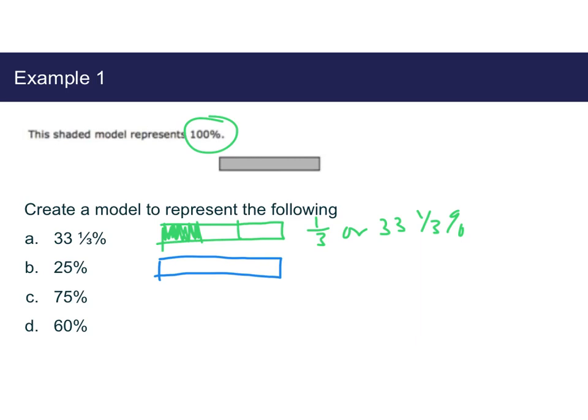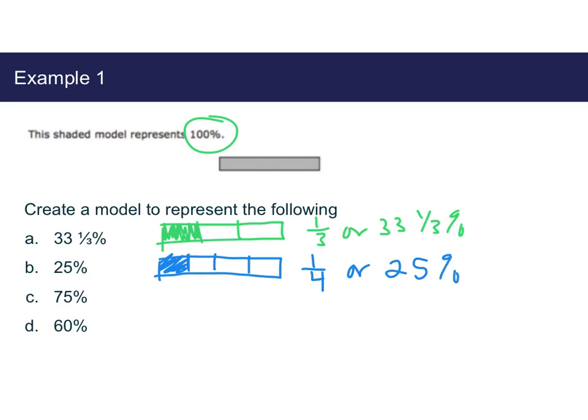Well, let's remember, it's like money, 25 cents. That's a quarter. 4 quarters make a dollar. So we're going to split this up now into 4 parts. And then to make 25%, all we're going to do is color in one of those parts. And so 25% is the same thing as 1/4, or 25%.